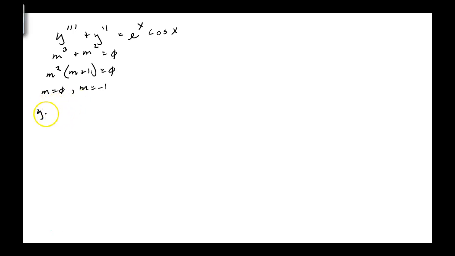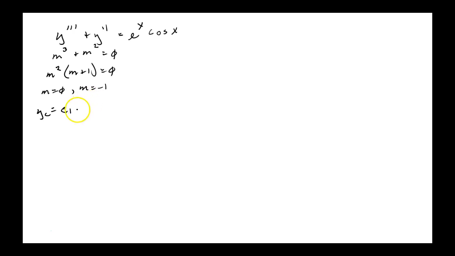y_c is equal to C1 e to the, okay, how about that 0? And then just C2?